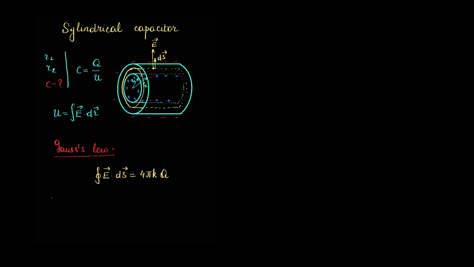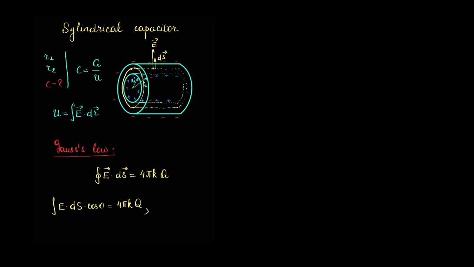So this scalar product can be written as E multiplied by ds multiplied by cosine 0, where 0 is the angle between the E and ds vectors, and it equals 4 pi kQ, or just Q over epsilon 0, where epsilon 0 is the permittivity of free space.